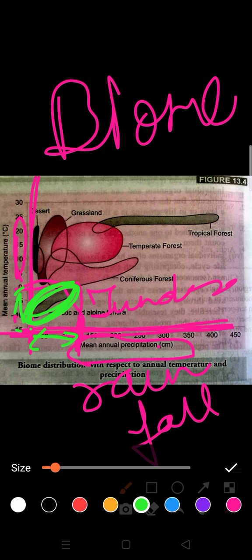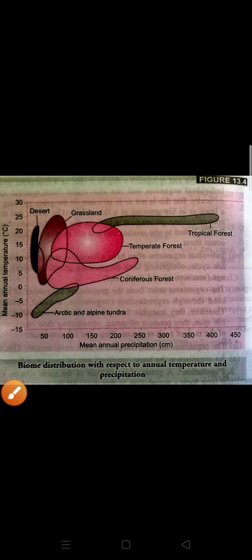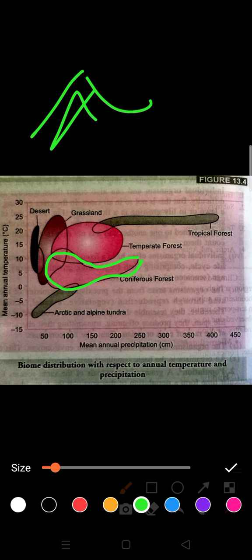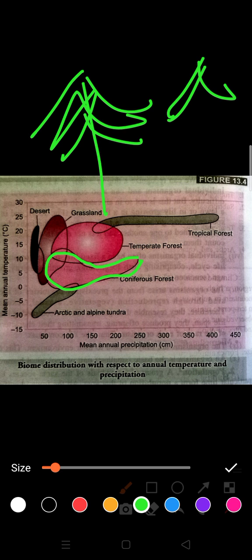Now come to the next point, coniferous forest, like in Uttarakhand, Shimla, Jammu. Coniferous means where plants are conifer plants, like pine and deodar, trees which have the conifer shape.